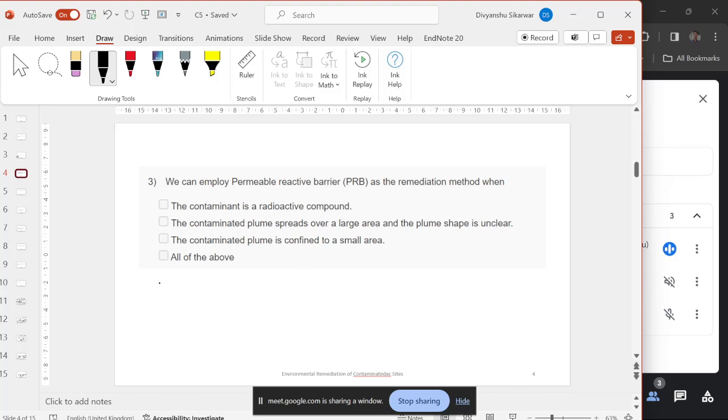So if a contaminant is a radioactive compound such as uranium, then the first option will be the answer.